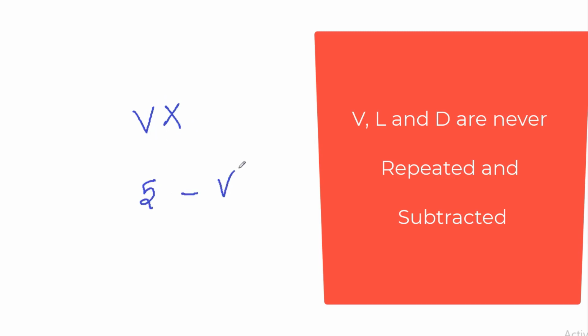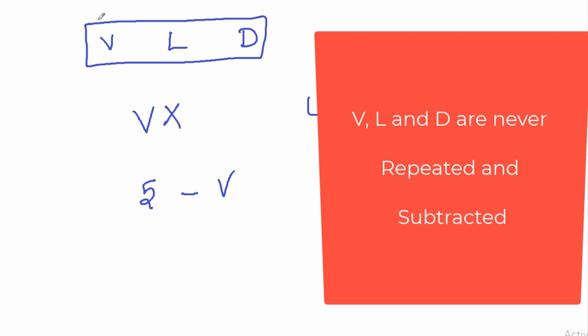For 5 we already have the symbol. For example, 100 minus 50 is 50, and the 50 symbol is L. So we should not add or subtract these three: 5, 50, 500. Are you clear with this?